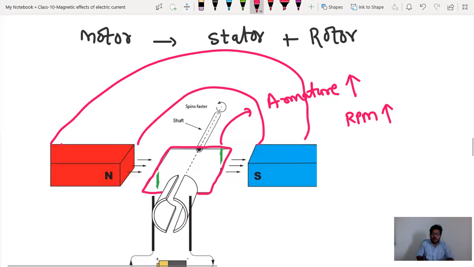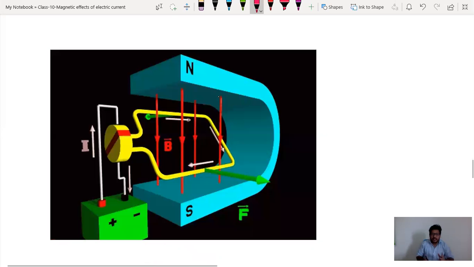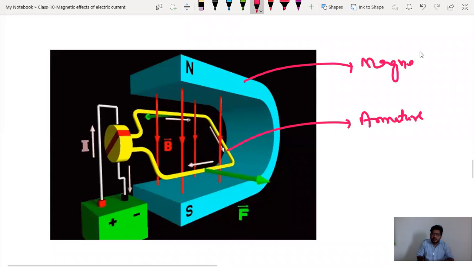So it is a horseshoe magnet itself. Or here you can find a diagram, horseshoe magnet. In the middle, what have they arranged? Armature. So this yellow one is armature and this one is the magnet which produces the magnetic field.